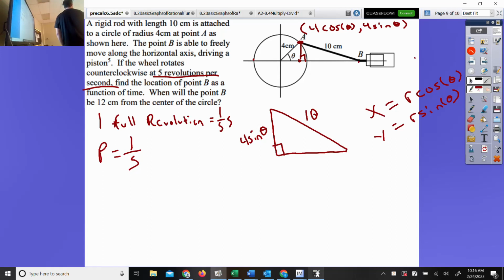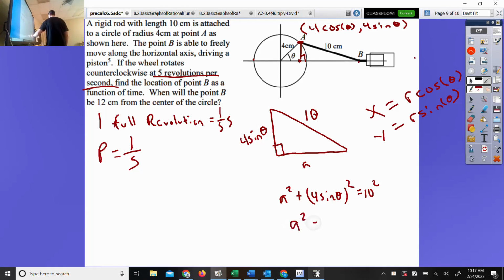The Pythagorean theorem. Some unknown piece a squared plus 4 sine theta squared is 10 squared. I didn't say this would look pretty. So a squared is going to be, what, 100 minus 16 sine squared of theta?